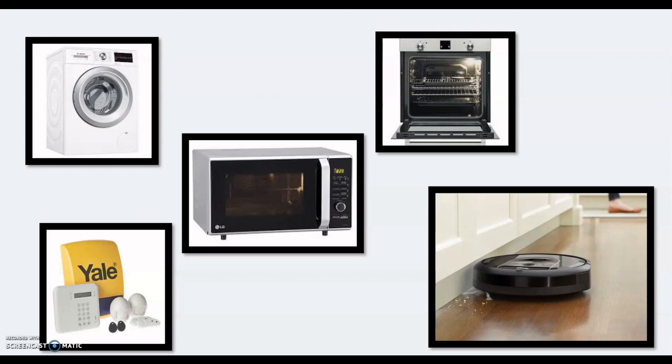So all of these appliances here that are in your household, as you can see, you've got the robot vacuum cleaner here, you've got an oven, a microwave, a washing machine, and a burglar alarm. These all have microprocessors, so they all have computers inside them, but they don't use an operating system. So think about that. So not all computers have an operating system.